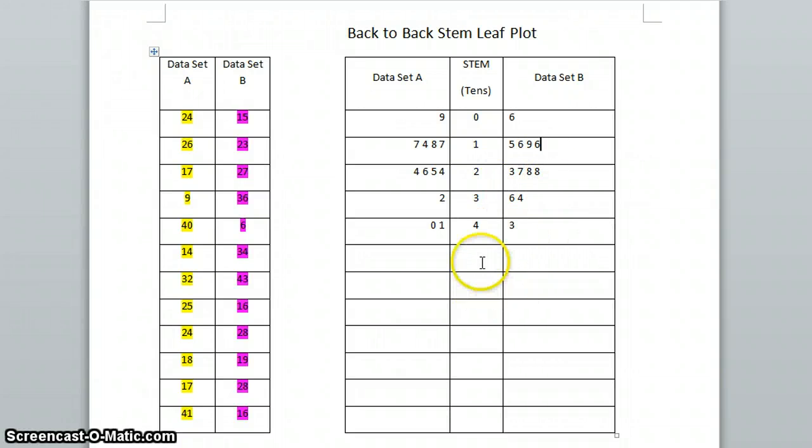You can quickly see what your minimum value is, 9 for data set A and 6 for data set B, and you can easily see your maximum value, 43 for data set B and 41 for data set A. So you can easily find out your range with that information. Remember, range is maximum value minus minimum value.